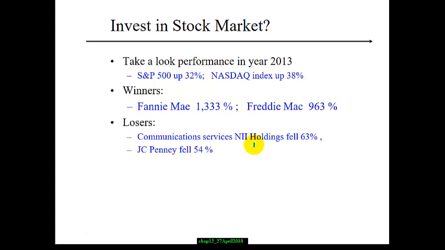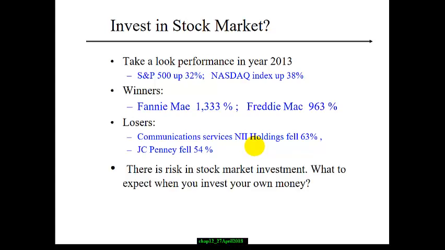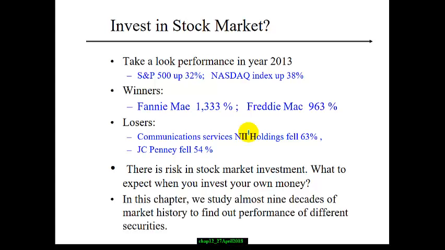There are also stocks that fell more than 50%. Clearly, there is risk in stock market investment. In this chapter, we will study almost 9 decades of market history to find out performance of different securities.